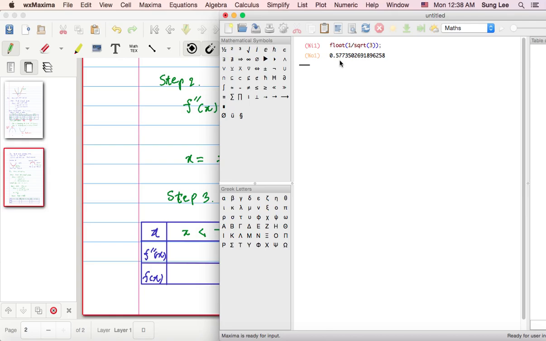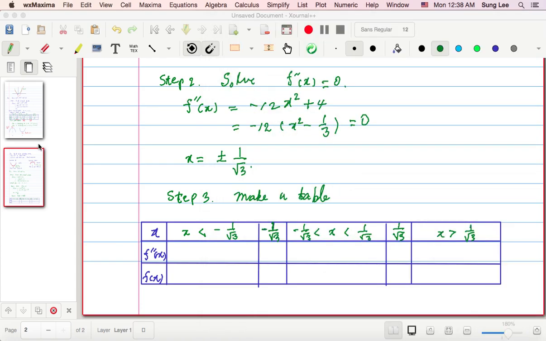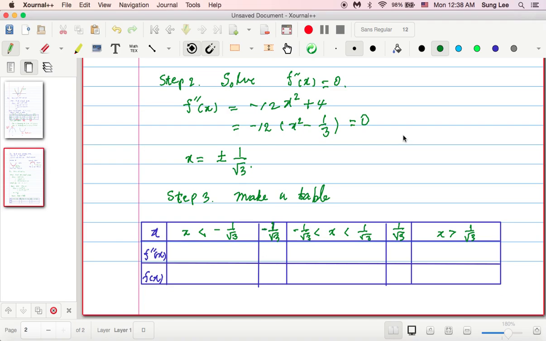Okay, so 1 over square root of 3 is approximately 0.5773. Okay, so using that value, you can use a test point here, here, and over here also.